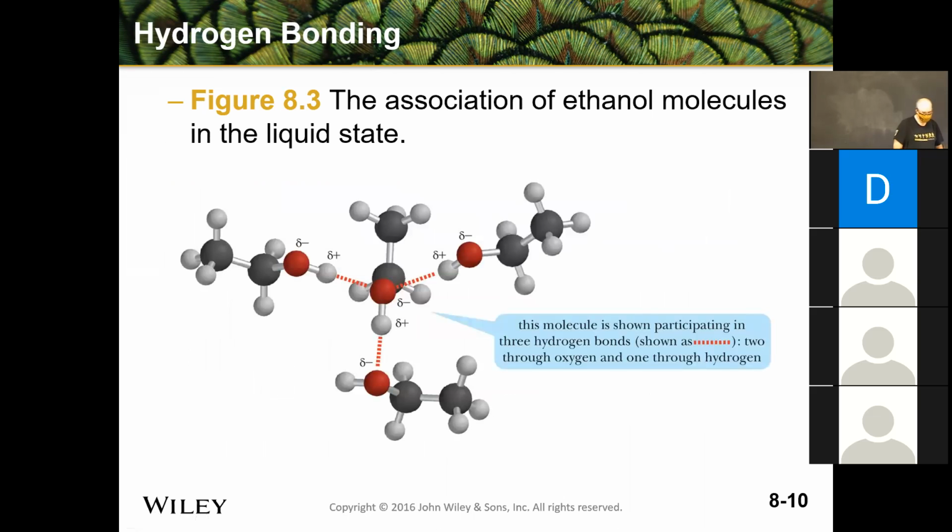Okay, this is a diagram showing hydrogen bonding of ethanol molecules in the liquid state. Okay, there's a strong attraction between the lone pair on this oxygen and this hydrogen on a nearby ethanol. Okay, the hydrogen bonds are shown with these dashed red lines.